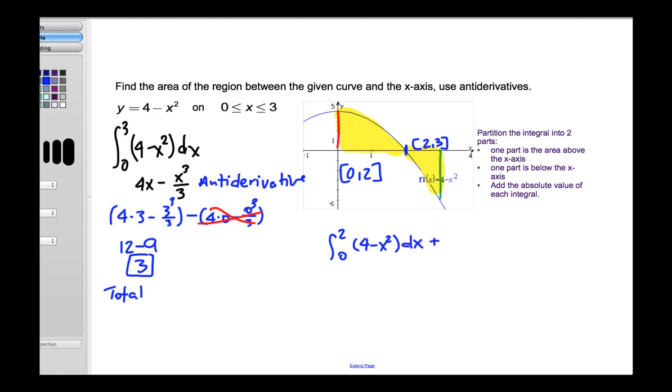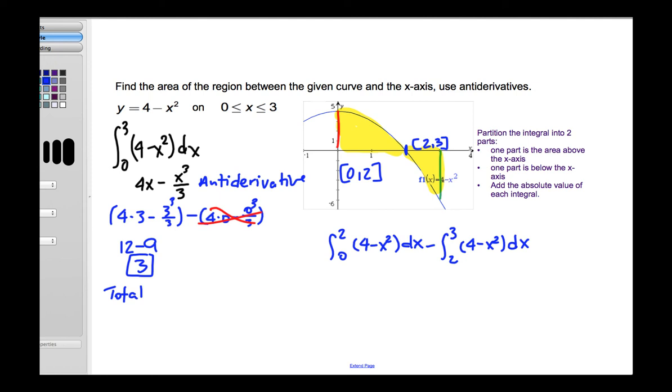And then we would add the second part. It would be minus actually the second part.